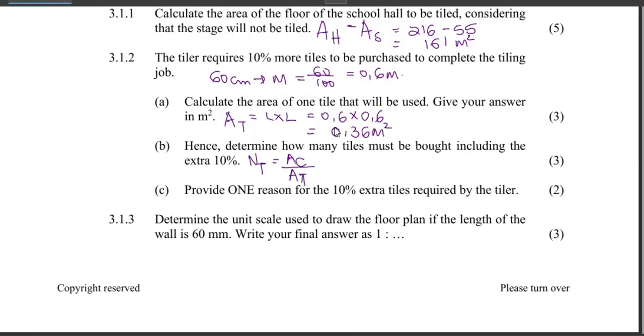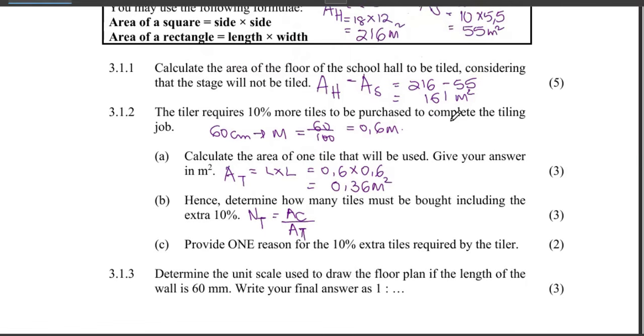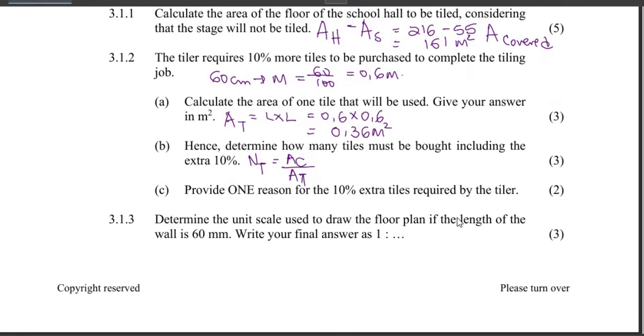You understand? The area to be covered, this one here, the area to be tiled, divided by the area of only one tile. So simply we have our area as 161 meters squared divided by 0.36. How many tiles are there?